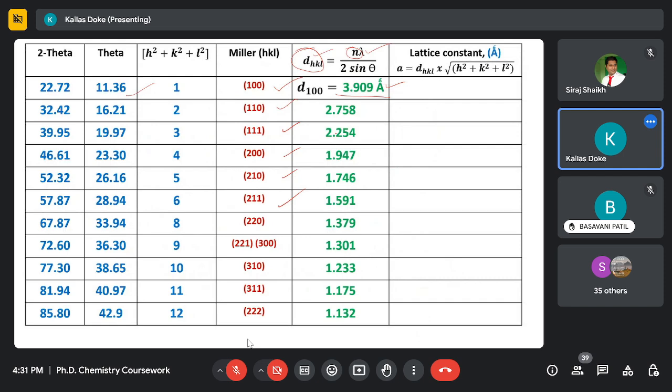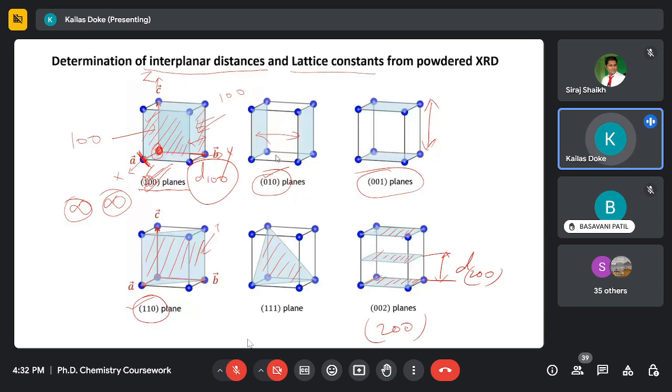The reason behind that, this is 002 plane or 200 plane. If this distance is 3.909 Armstrong unit, half of this will definitely be 3.909 divided by 2. And the answer should come as half of that, which is 1.947 Armstrong unit.